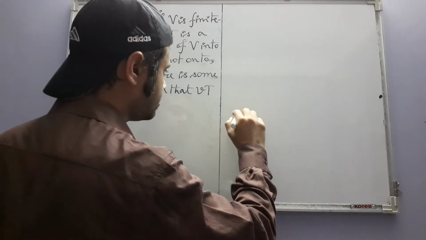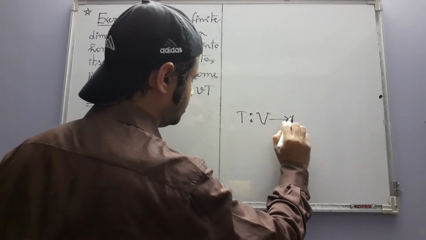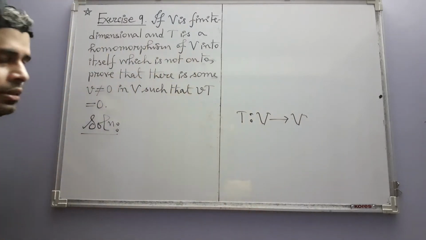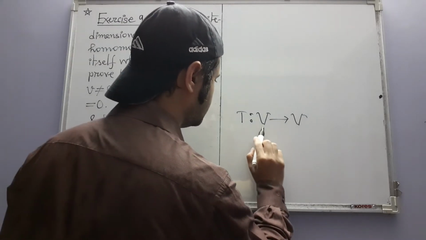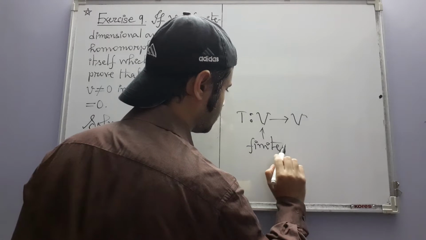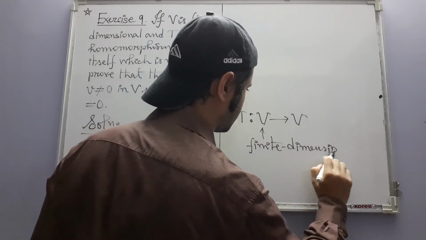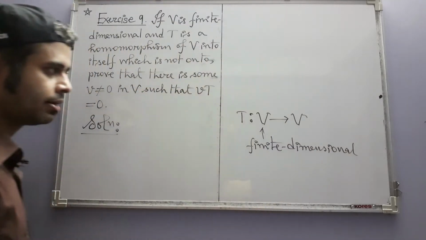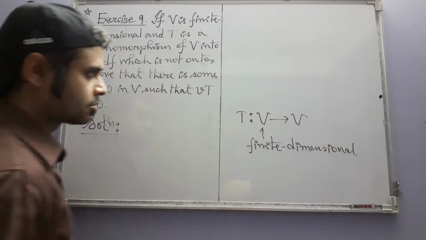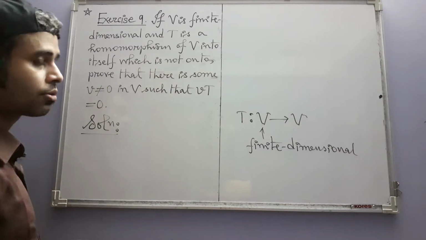Note that T is a homomorphism from V into V, and V is finite dimensional. Also, it's given that T is not onto.